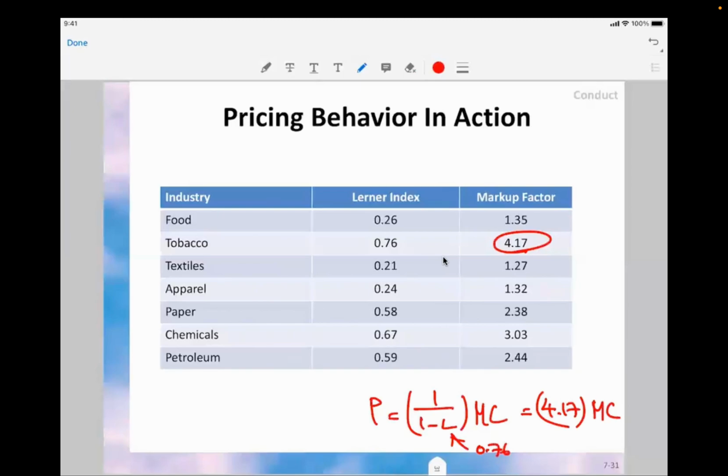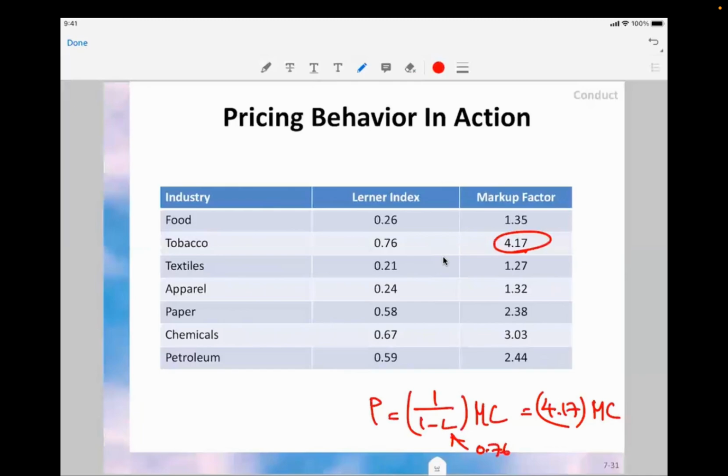So if marginal cost is $1, the price that you can charge is $4.17. And for the paper industry, you can charge $2.38. And for the textile industry, with $1 cost, you can only charge $1.27, 27 cents more. So this is another feature that you can use.